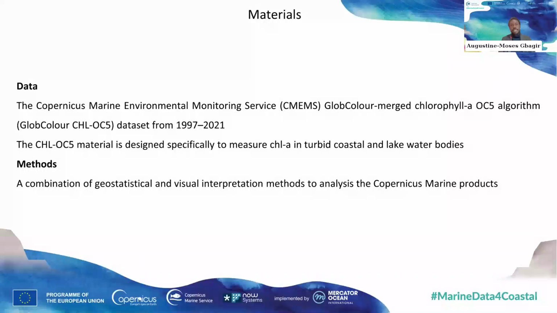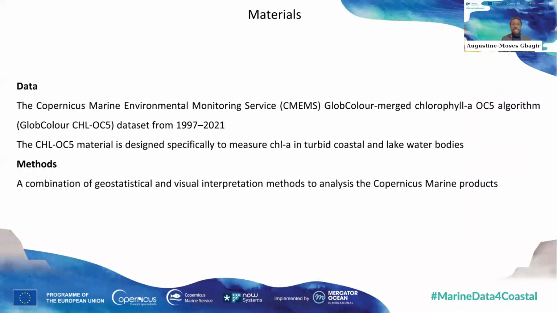We chose it because this data product is designed specifically to assess or carry out research in turbid waters that are not clear and are difficult to perform any kind of research on from satellite. And for those who may not be aware, we also have type 1 water, which is more or less clear. But in this case, turbid waters could sometimes be referred to as type 2 water bodies.